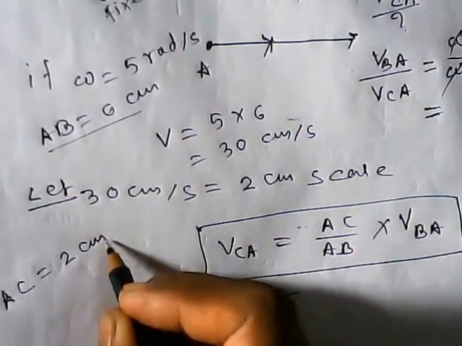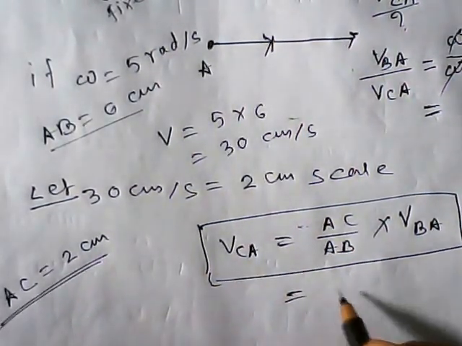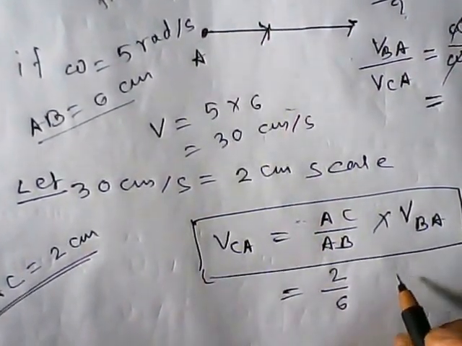Now to locate the velocity of C with respect to A, we have to consider the scale.